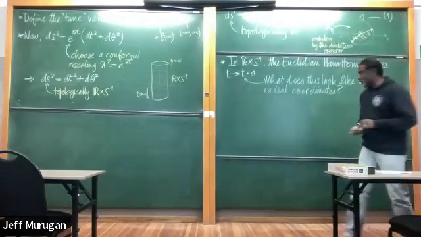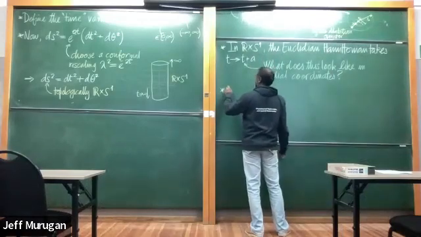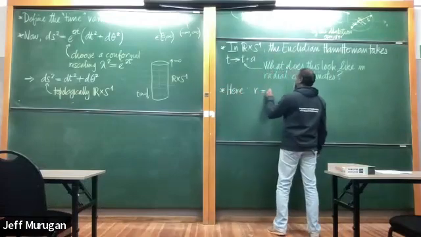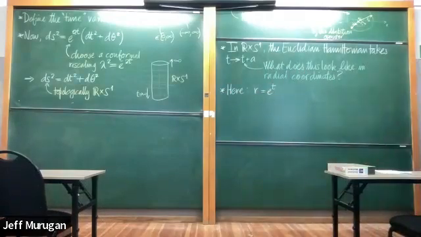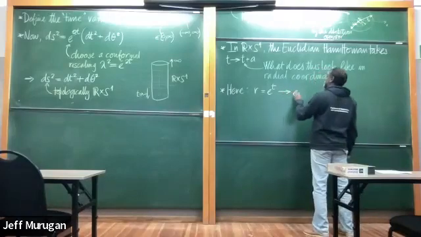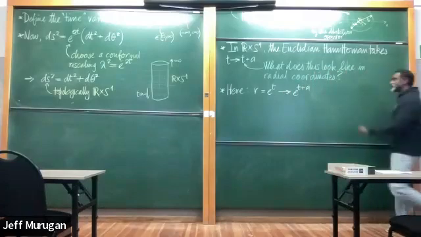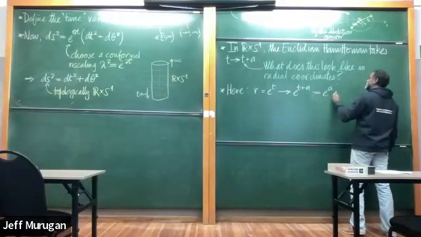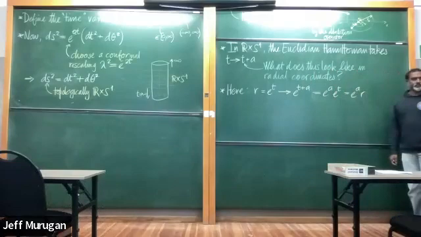Well, recall that r is e to the t. So as I translate along equal time slices of the cylinder, this goes to e to the t plus a, which is just e to the a times e to the t, which is just e to the a times r.